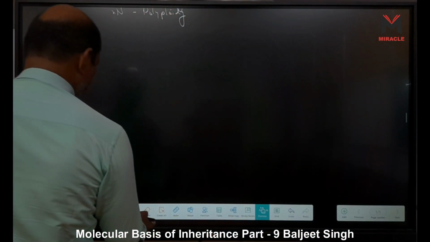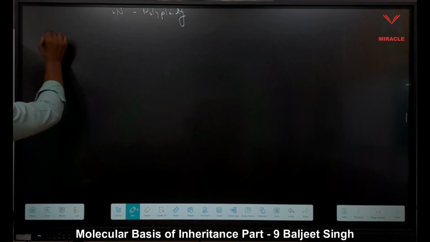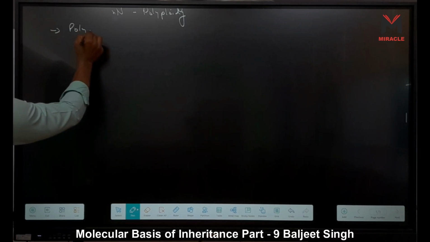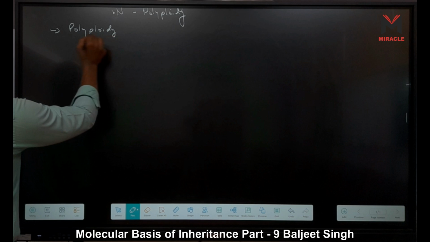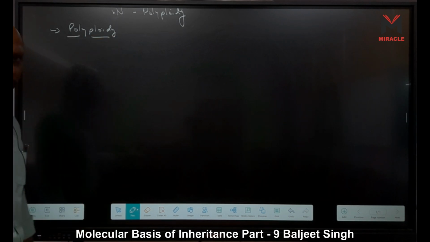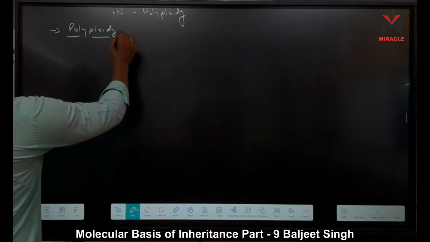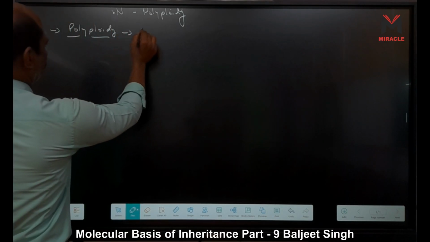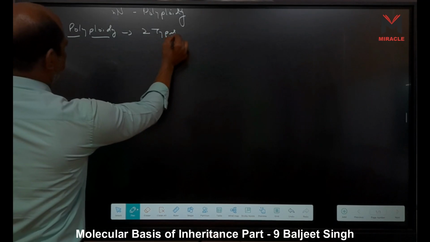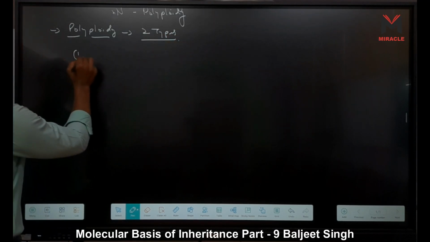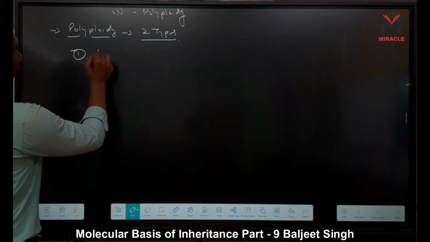Polyploidy means 3N, 4N, 5N, 6N, and it is of two types. The first one is autopolyploidy.